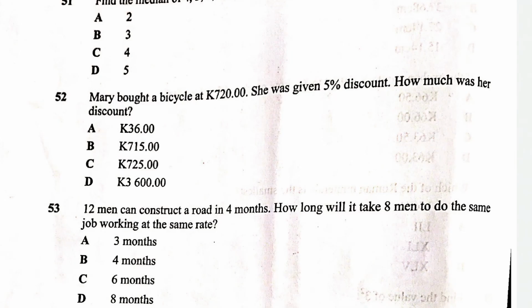We come to question number 52. Mary bought a bicycle at 720 kwacha.